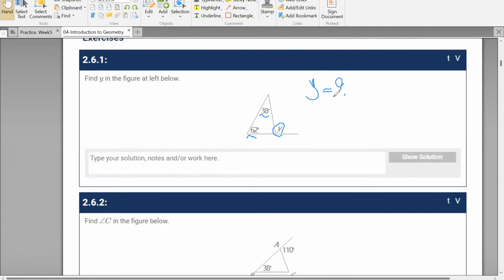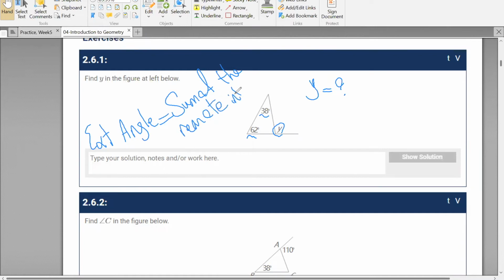Very good. Thank you so much. So what it means is, as I said, I write it again. See here, external angle equals the sum of the remote interior angles, right?